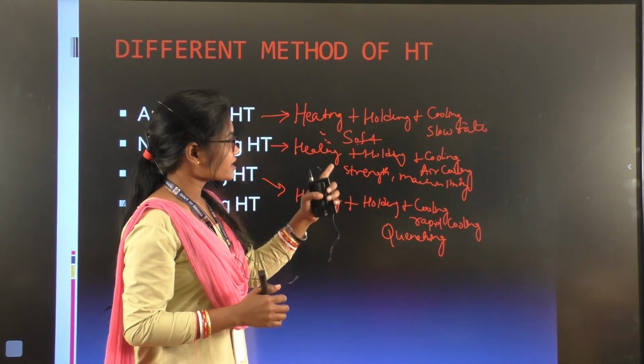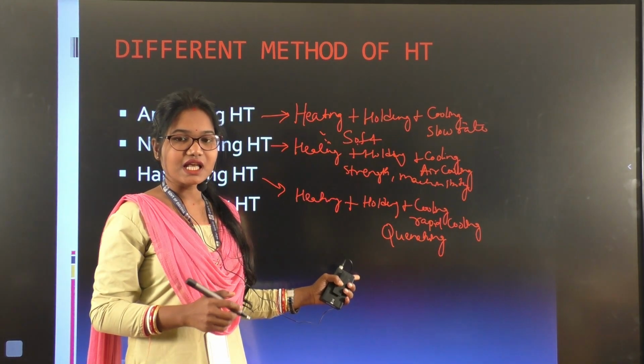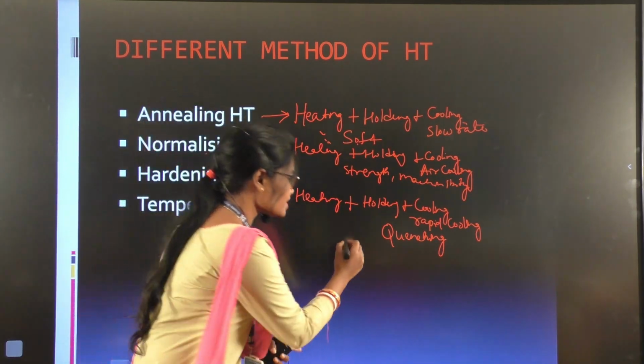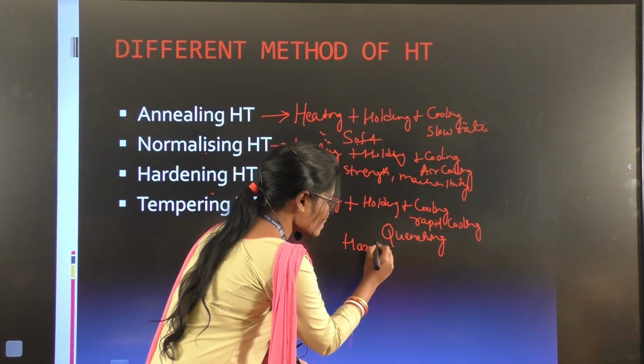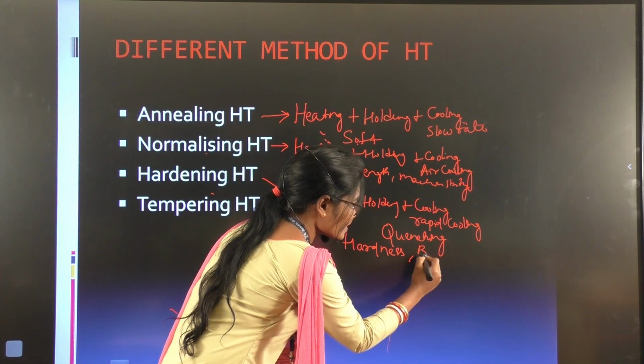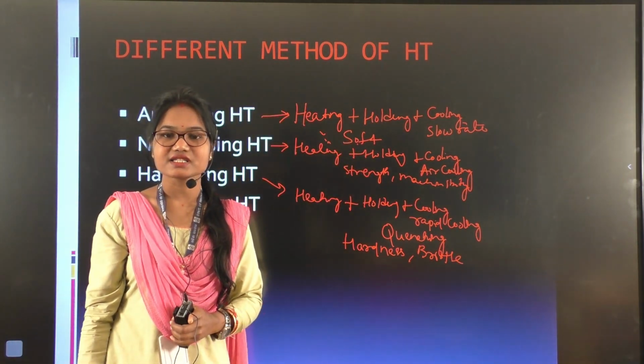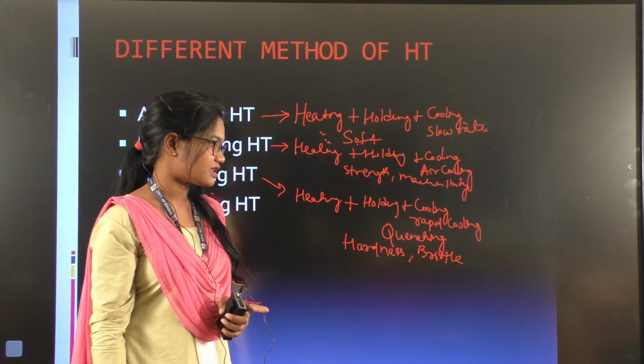There is also a change in the behavior of the grain and in the properties of the metal, and it will produce a hard and brittle metal.